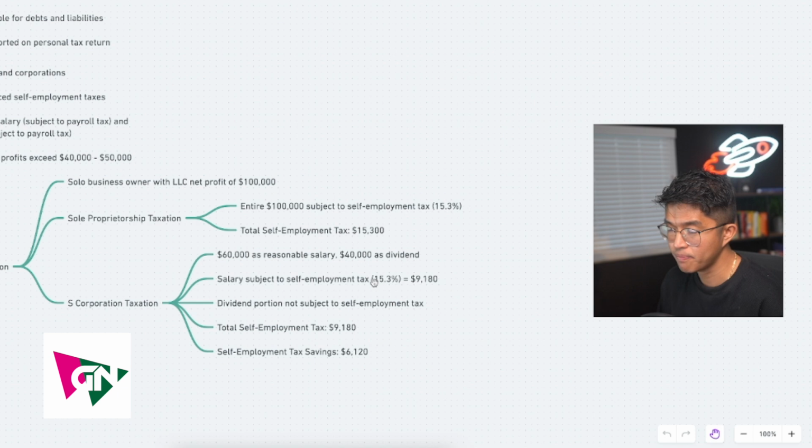So 15% of $60,000 is $9,000. That's how much you'll be paying in self-employment taxes. The dividend portion is not subject to self-employment tax. So in these two scenarios, you'll be saving $6,000 if you file with S corporation taxation.